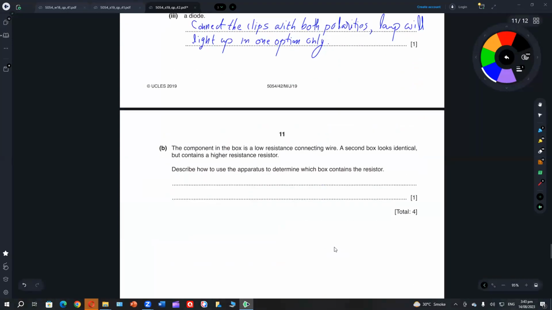The component in the box is a low resistance connecting wire. A second box looks identical but contains a high resistance resistor. How to use the apparatus to find which box contains the resistor?